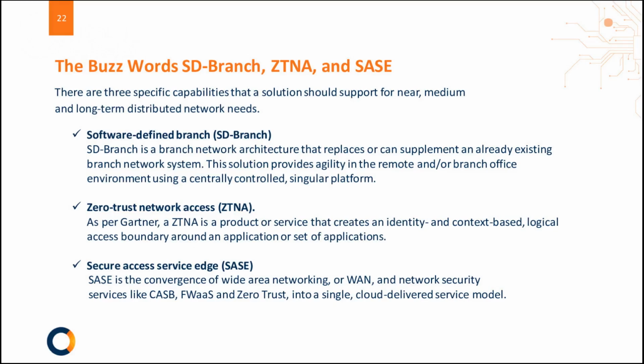What is the buzzword in the market? That is SD-WAN, ZTNA, the zero trust network access, and SASE. These are the buzzwords in the market. So what is SD-branch? SD-branch is the next step in the WAN technology evolution, and it supports SD-WAN, security, routing, and other operational functions that can be managed centrally.